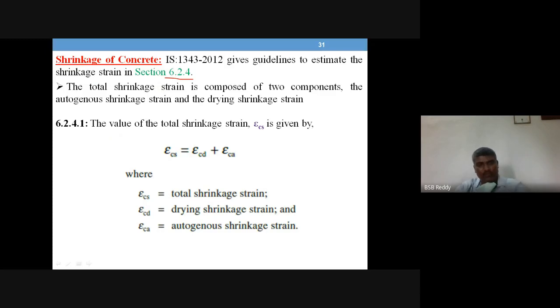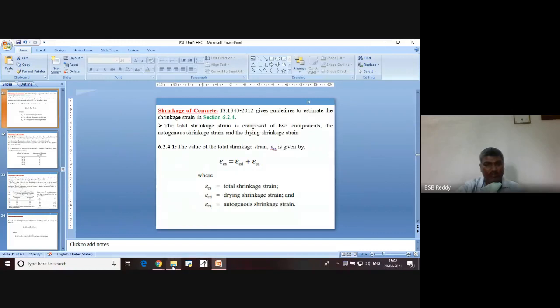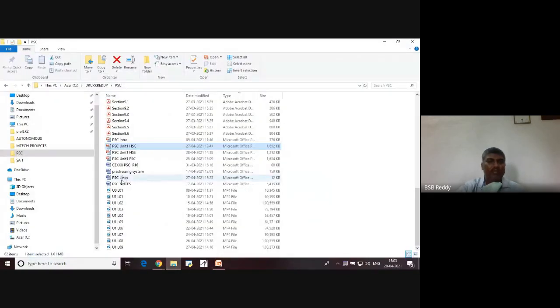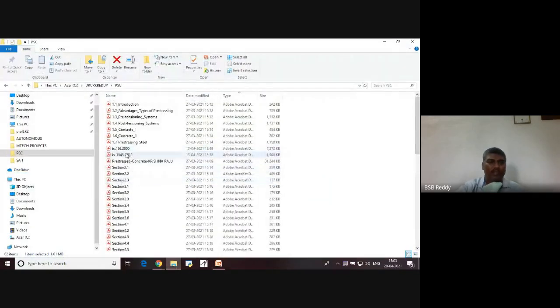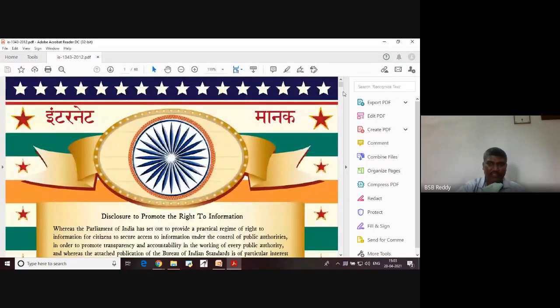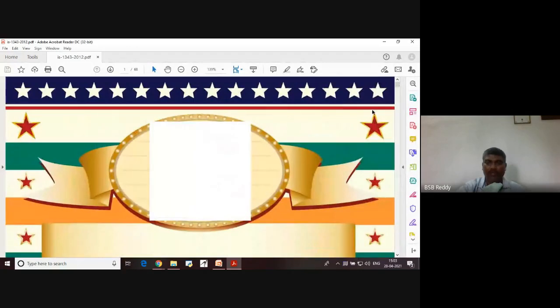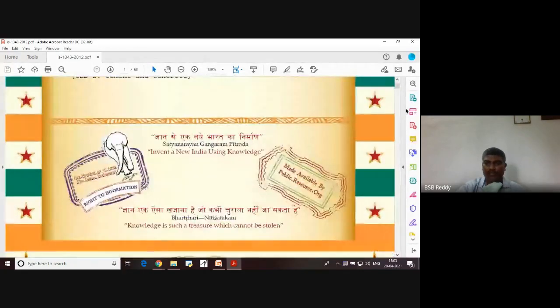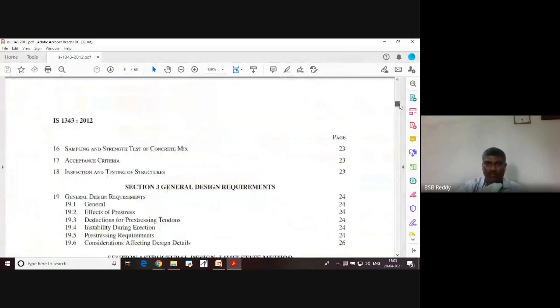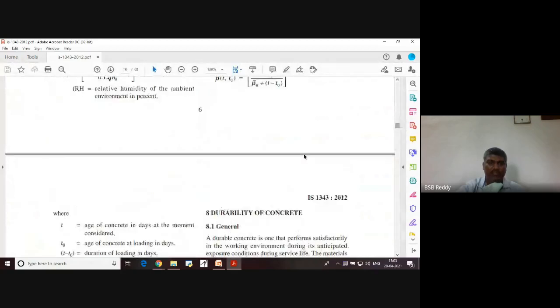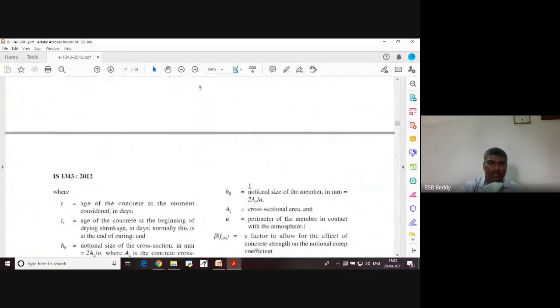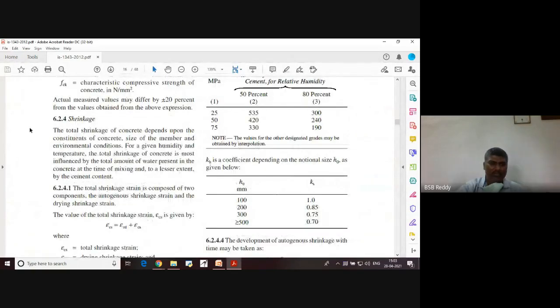I'll just show you the IS code also, wherein the shrinkage strain calculation is presented. So this is clause 6.2.4. You can see it here.